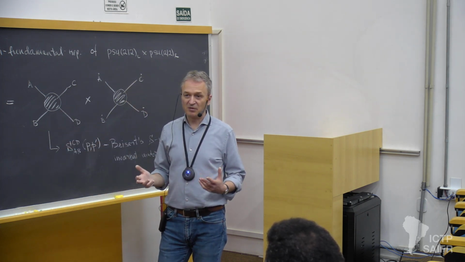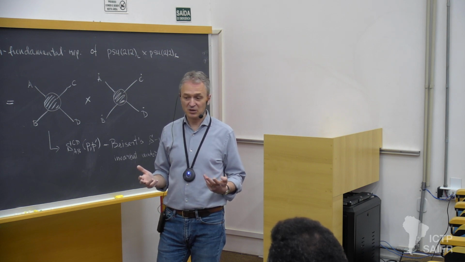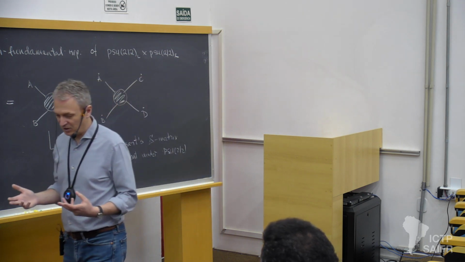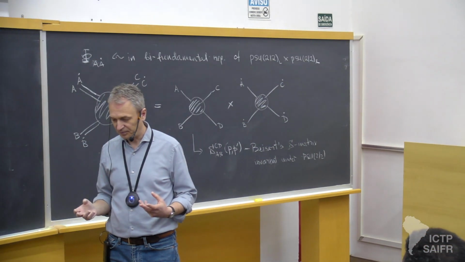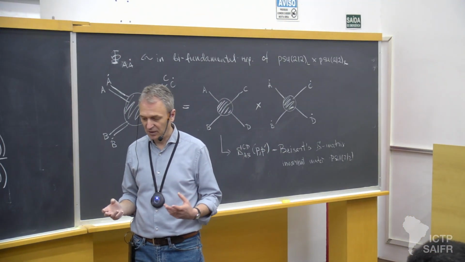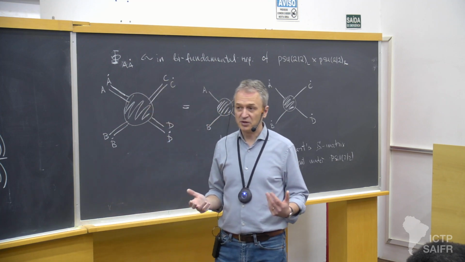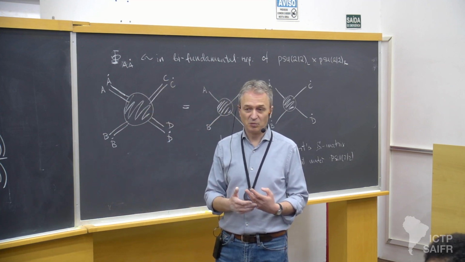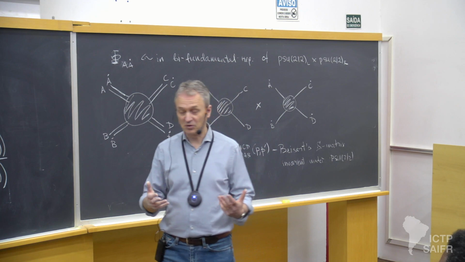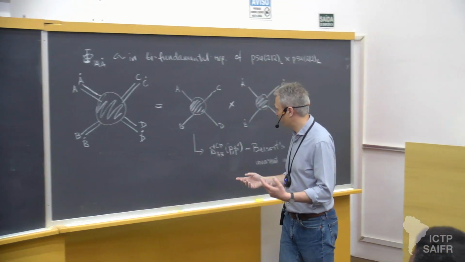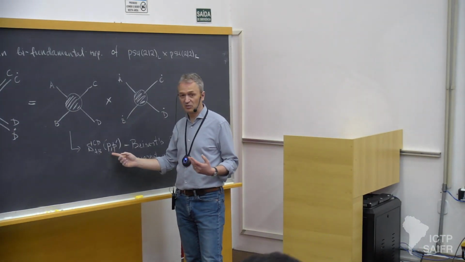So this number, of course, is not fixed by symmetries alone, but this matrix has to be unitary and crossing symmetric. And so crossing symmetry and unitarity give you one functional equation. This is not just a number, it's a function of external momenta.